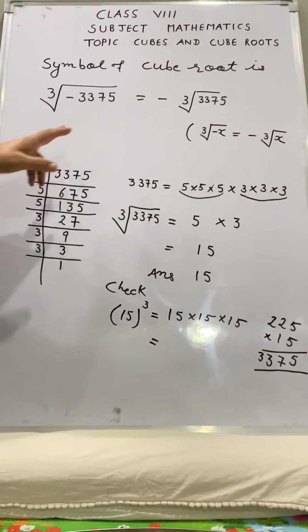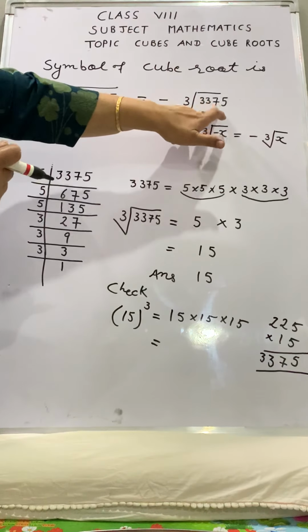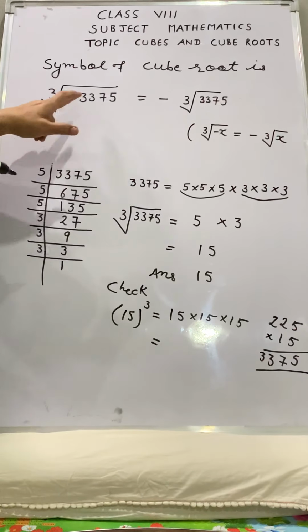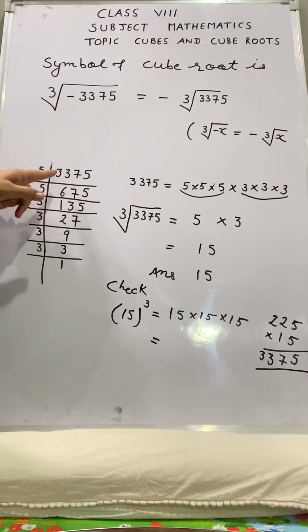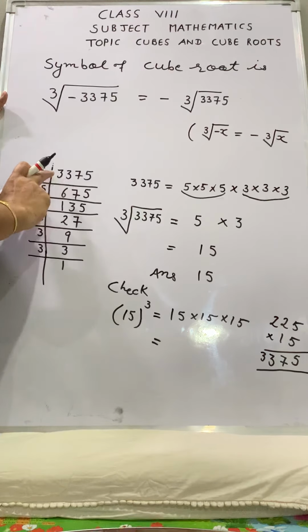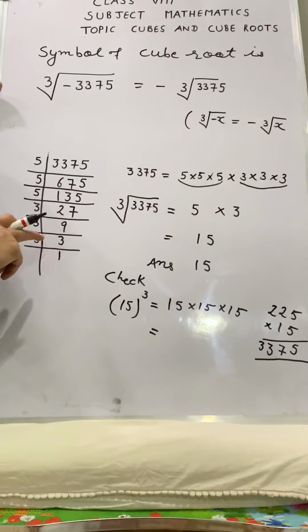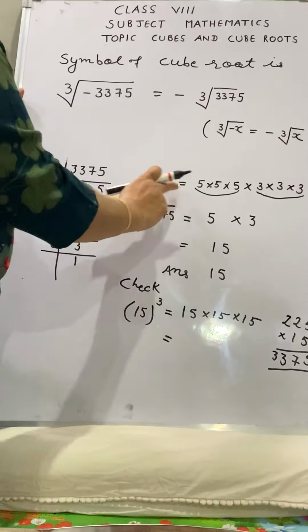Now you have to make the prime factors of positive 3375, not negative. Here you do not write the negative number. You only make prime factors of the positive number. The steps will be the same.